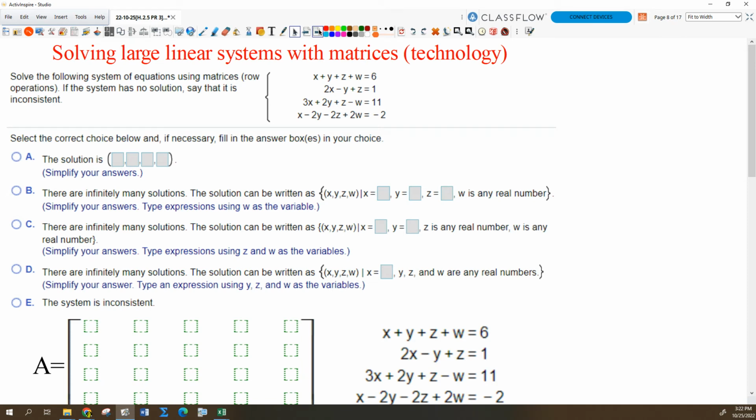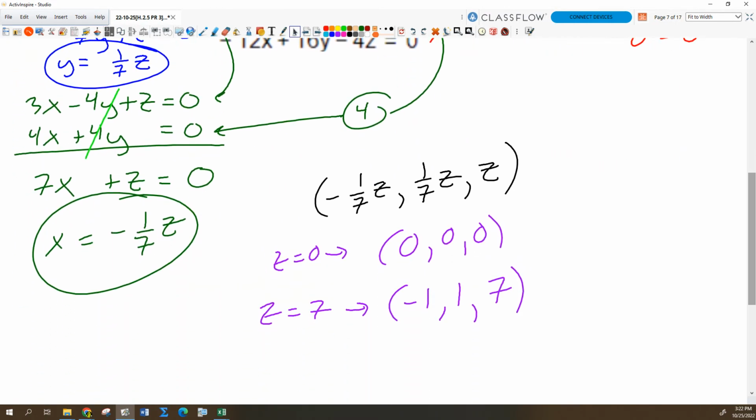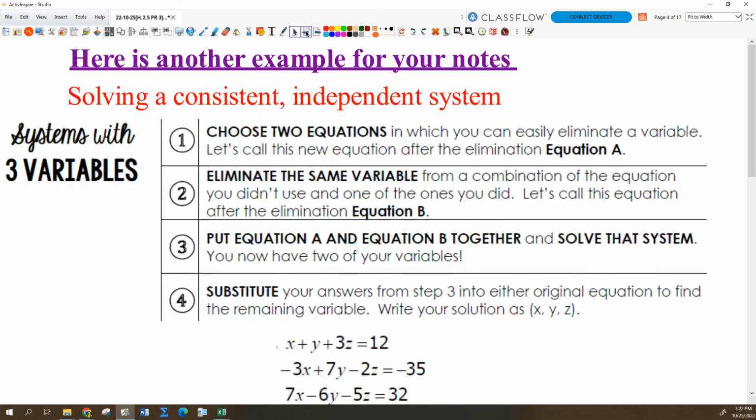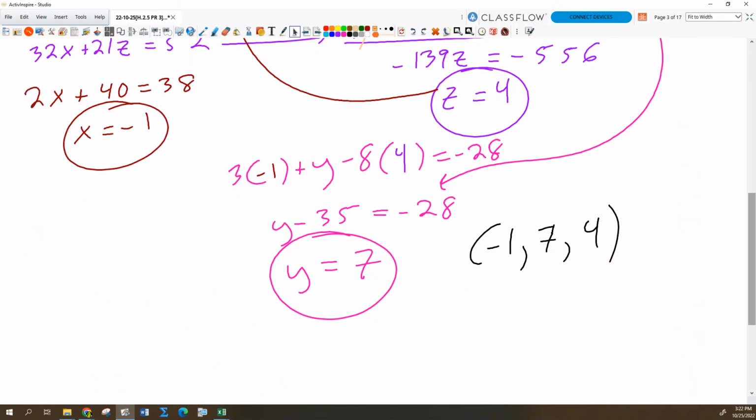Did we have to graph this last example to get solutions? No, we didn't. With this one, we got a single ordered triple. Sure, if I wanted to graph that in 3 space, it corresponds to a point, but we don't need to do that. We just found the values of x, y, and z that satisfy the original system.